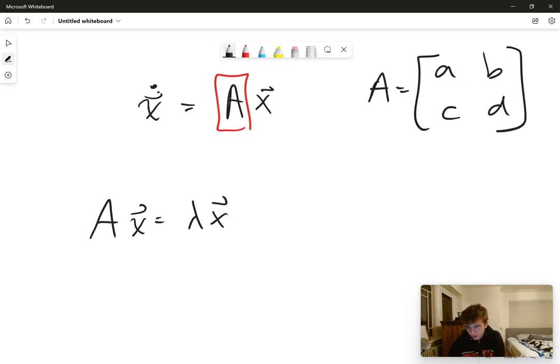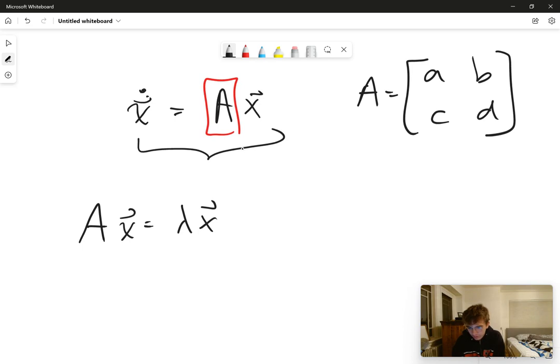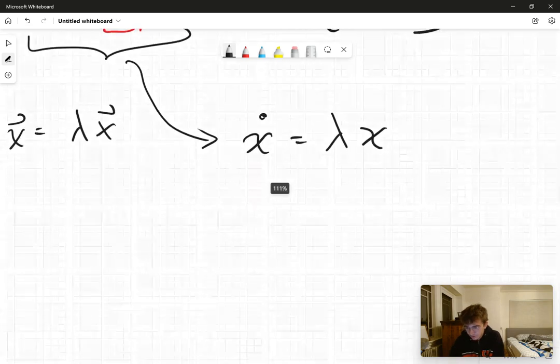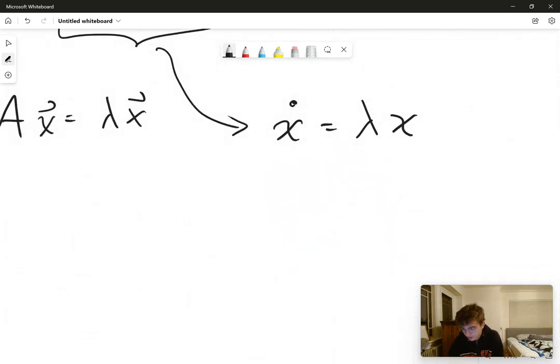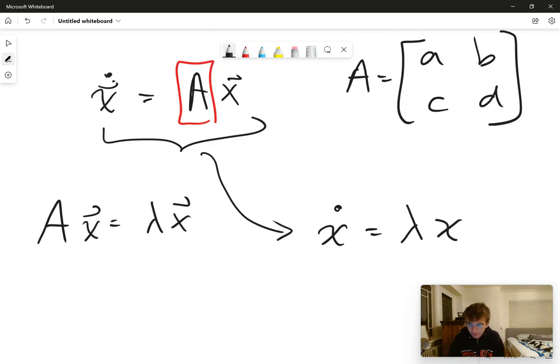And so if we were to convert this problem into, say, x dot is equal to lambda x, okay, then we know that the solution of this problem is just an exponential of argument lambda, okay? So to simplify this matrix problem, we're going to reduce it to the eigenvalue problem.